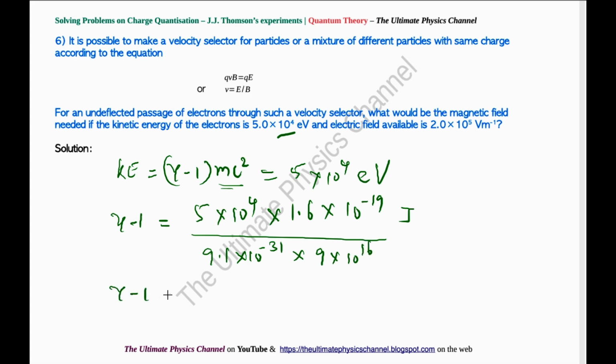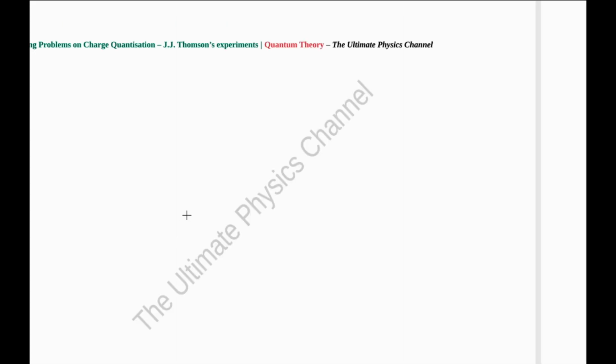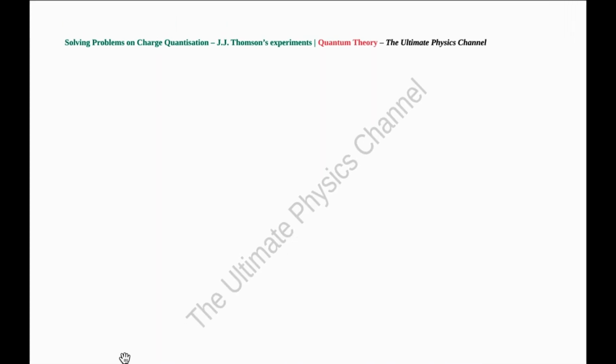So gamma minus 1, if I do this calculation, I would get 0.0976, and gamma is hence 1.0976. This is the Lorentz factor that we have calculated. Now using this factor, we can easily calculate the velocity of the electrons.